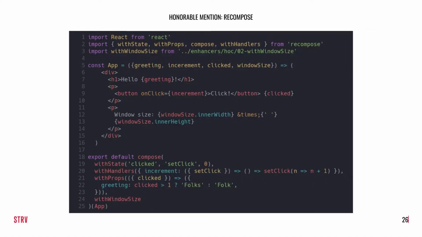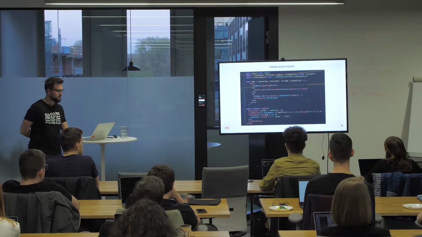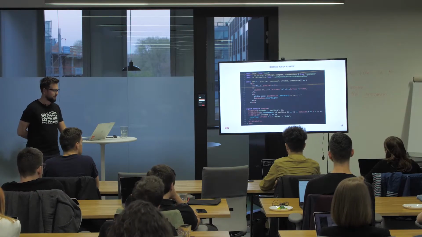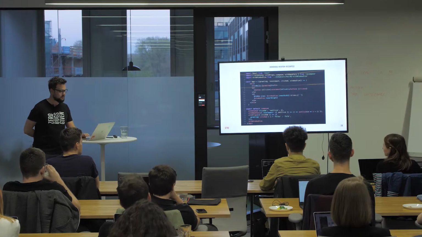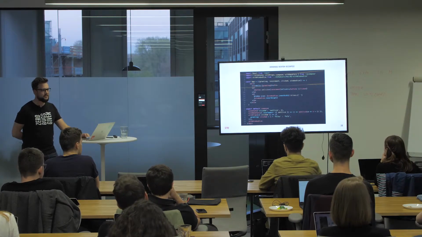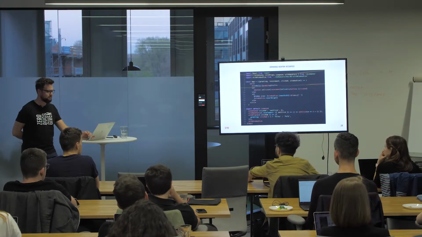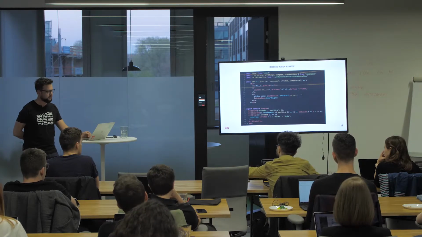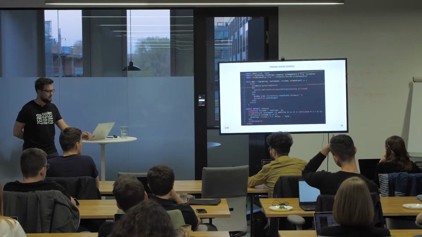And there's one thing that I want to mention when we are talking about higher order components. It's a library called Recompose. What it does, you can see at the bottom at line 18. It just provides a lot of helper higher order components, so you can do a lot of things that you normally would do in components itself, but here you can just reuse it.